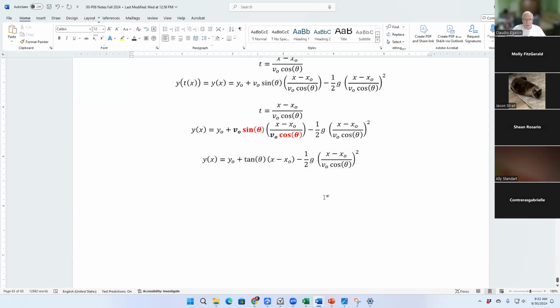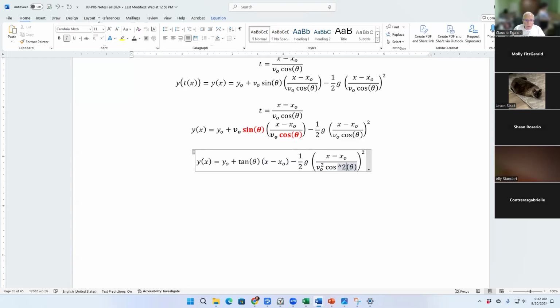Let's see, what about here? I'm going to distribute that square. Didn't work. Why is that? Okay, now it worked.